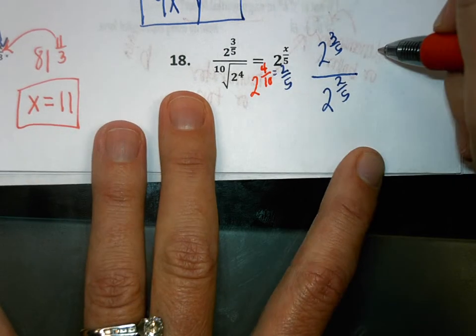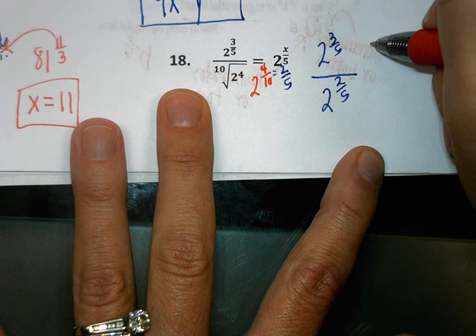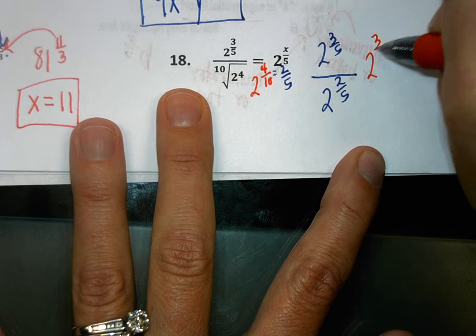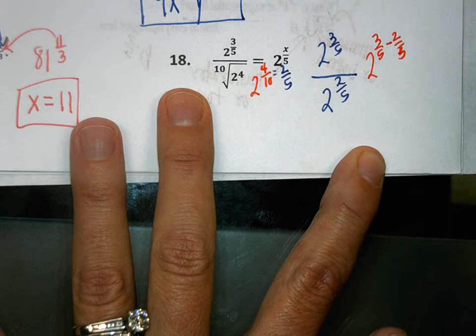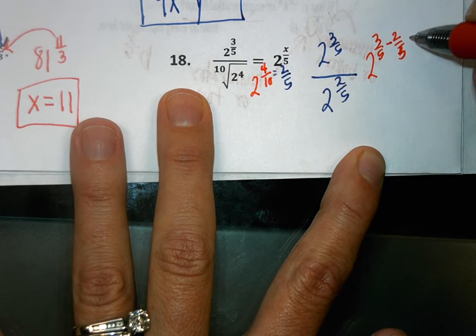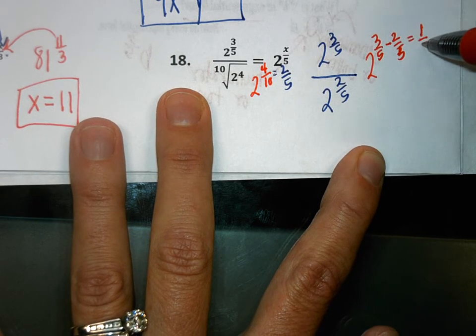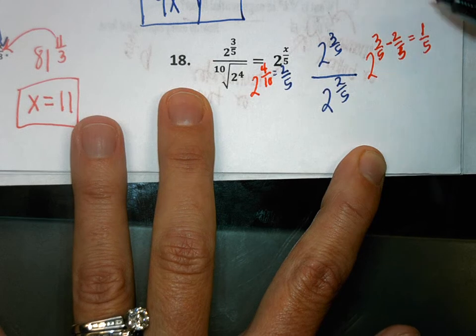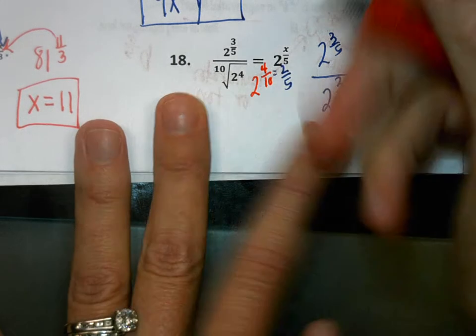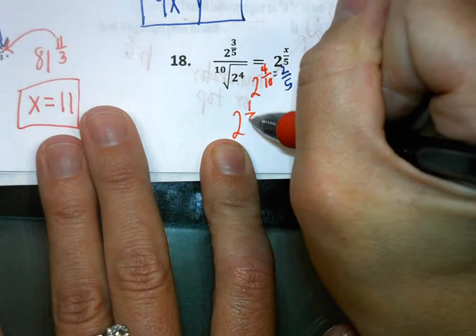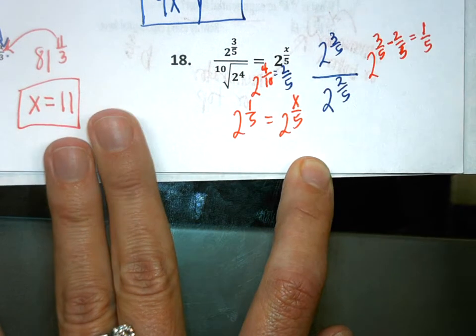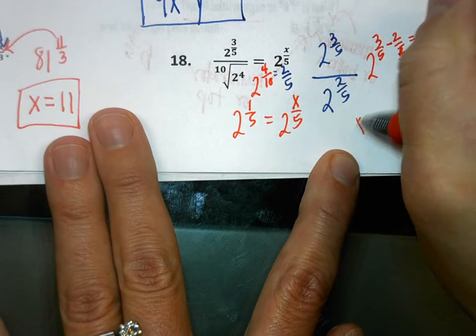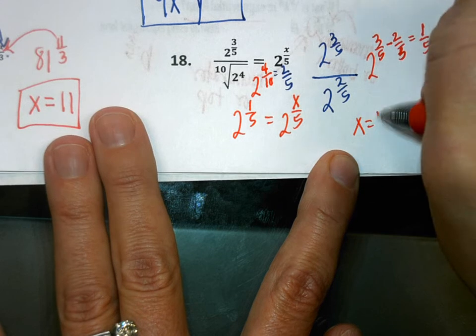So that means I'd end up taking 2 to the 3/5 minus 2/5, and 3 minus 2 makes 1/5. And so based on this, we end up with 2 to the 1/5 equals 2 to the x/5. So that means that x has to equal 1. Hopefully you said 1.